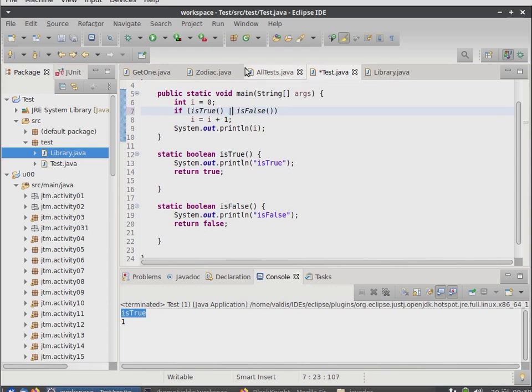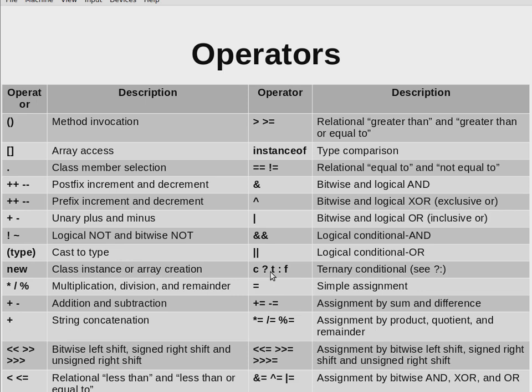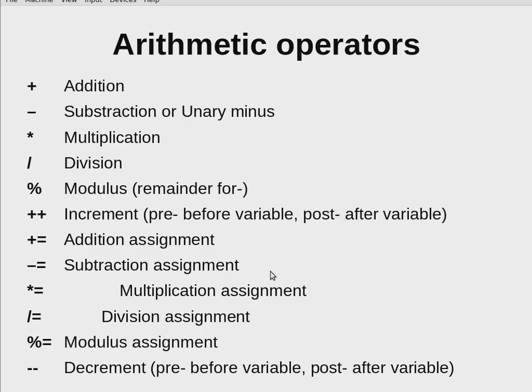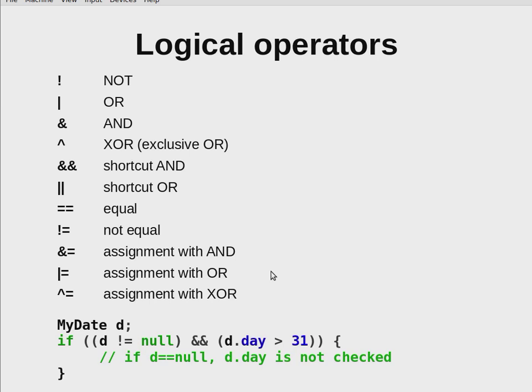Is false is not called. Again, because if first part of condition is already true and it's joined with OR, then of course entire condition will be true. And therefore, with this shortcut and, this second part is not called. So that may be useful to know.